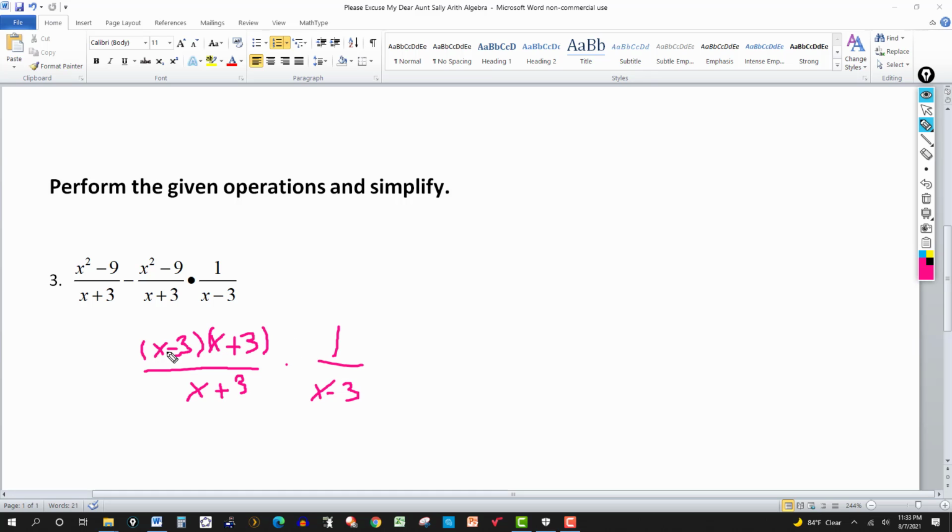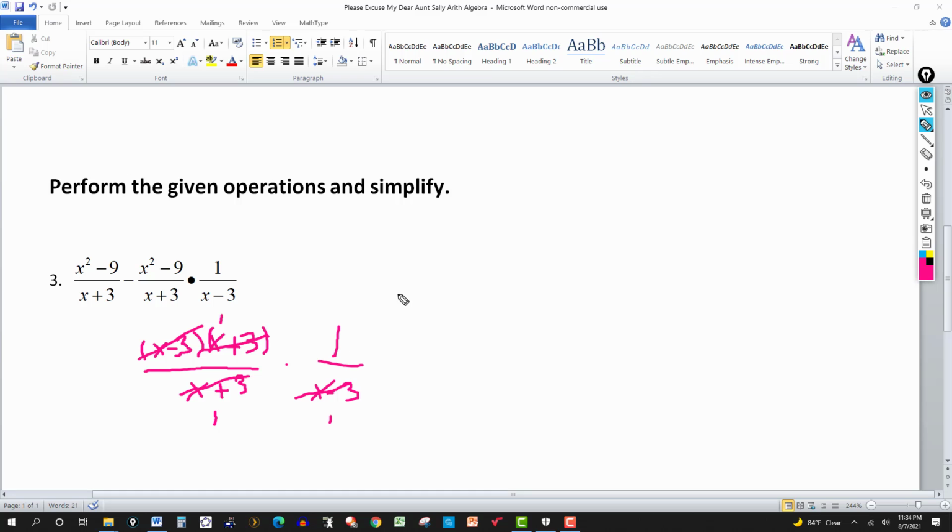Remember, when you have the same factor in the numerator and the denominator, you can divide those out. So this x minus 3 and this x minus 3 divide out. They become 1s. And here I have an x plus 3 and an x plus 3. They divide out. So this all becomes 1 over 1, so we have 1 times 1.